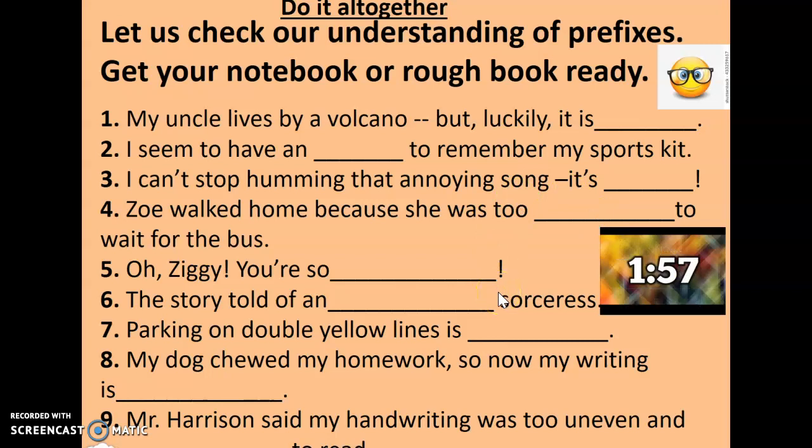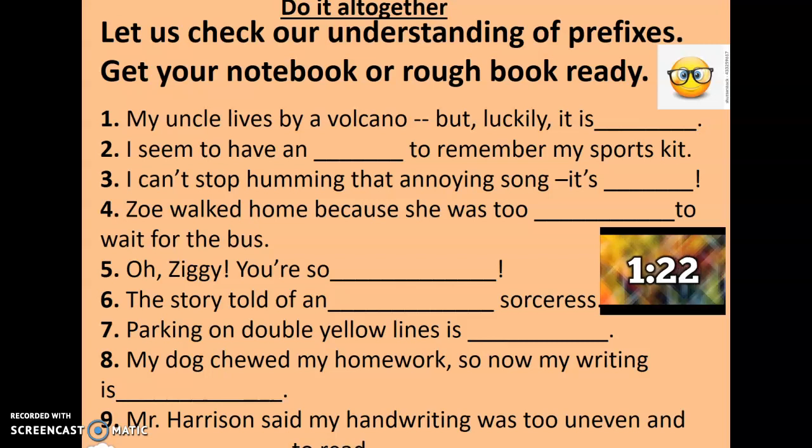My uncle lives by a volcano, but luckily it is inactive. Inactive. Number two, I seem to have an inability to remember my sports kit. Number three, I can't stop humming that annoying song. It's impossible.